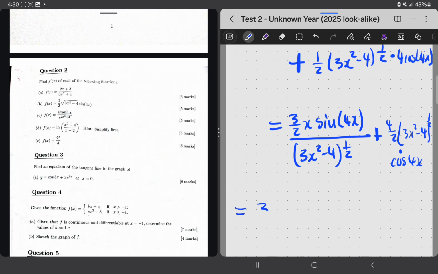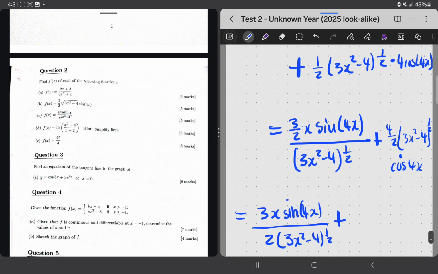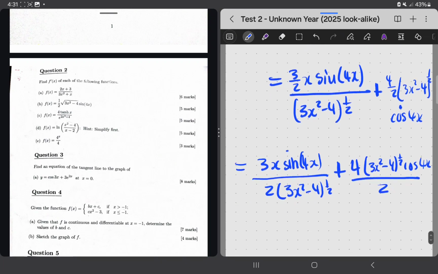If we simplify, it's just going to be equal to 3x sine 4x, all over 2, which is multiplying 3x squared minus 4 to the half. Then we say plus 4 by 3x squared minus 4 to the half by cos 4x all over 2, which you can now simplify.